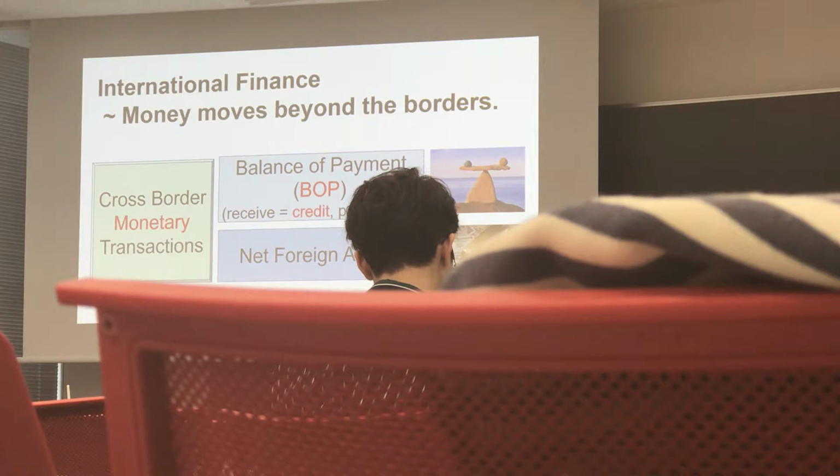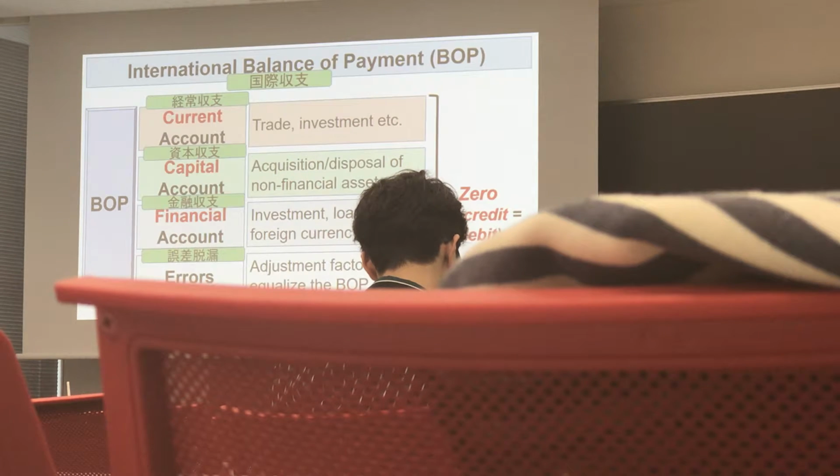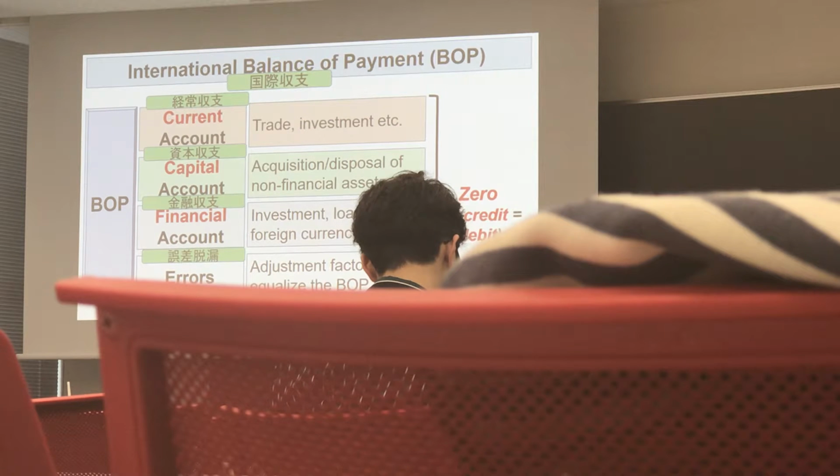And B is a minor highlight. BOP is supposed to be 0, meaning that the total credit should be equal to total debit. Total credit and total debit balance.